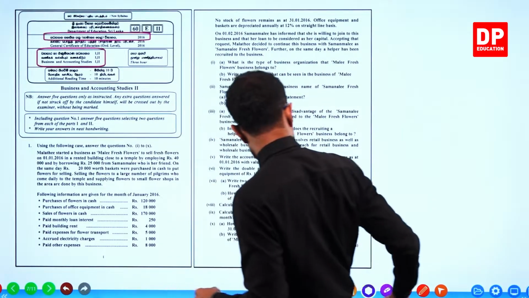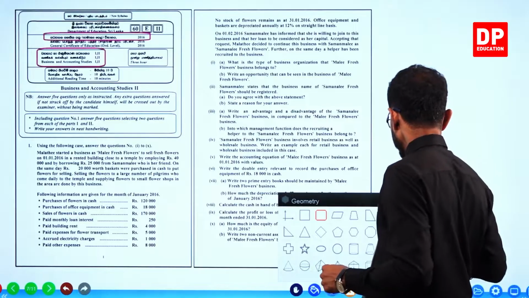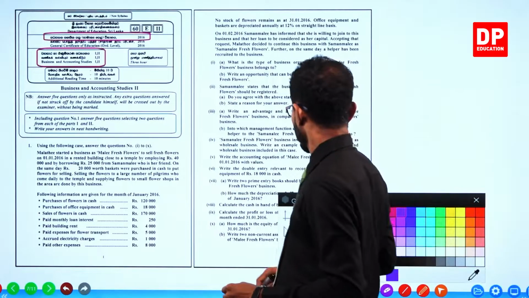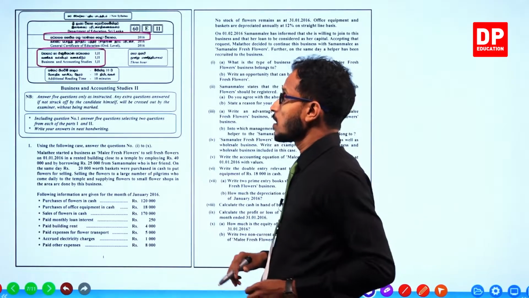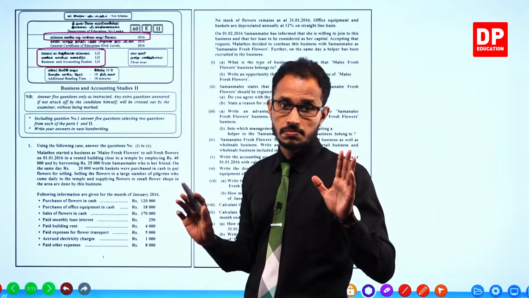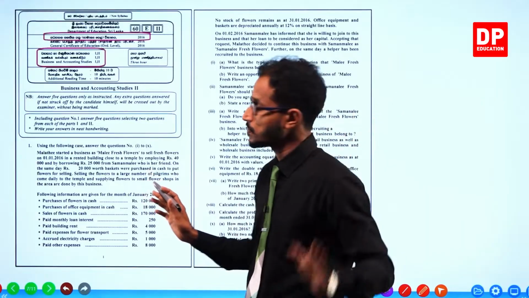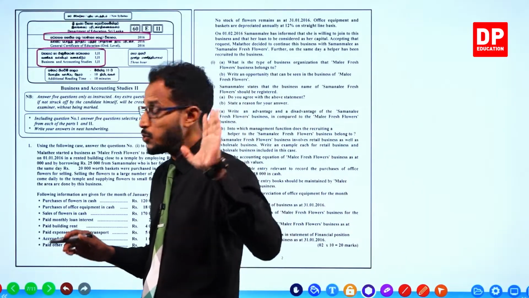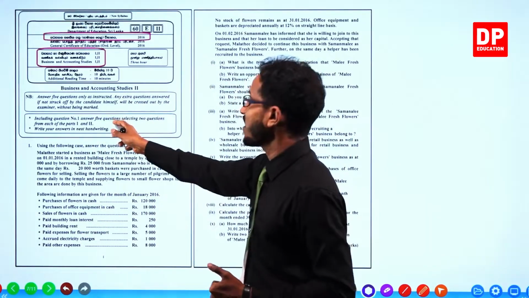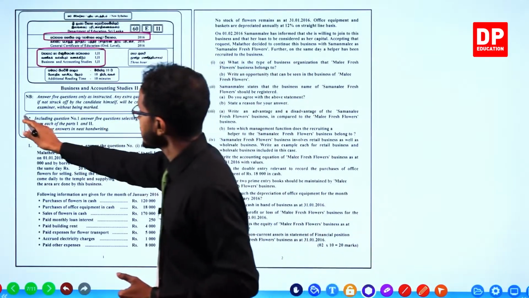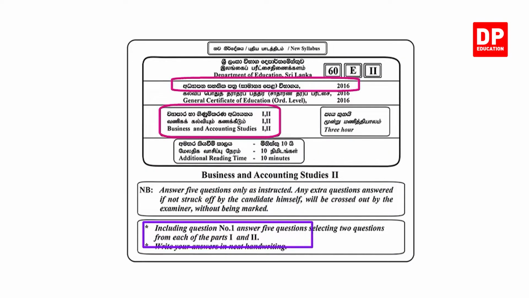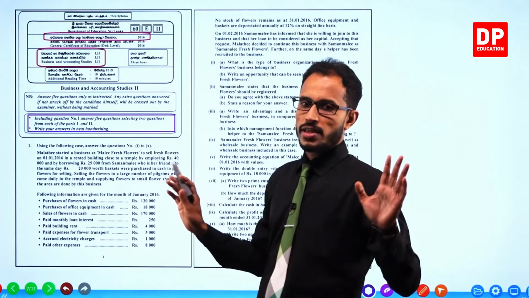Right, so here we go. Children, you will get altogether 7 questions. You don't have to do all 7 questions. You have to do only 5. Here it says, including question number 1, answer 5 questions altogether.